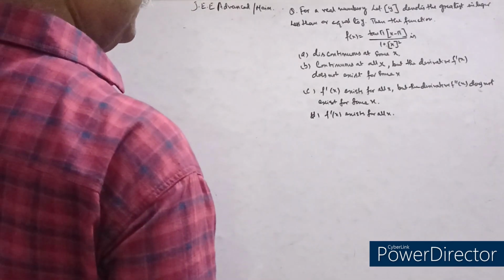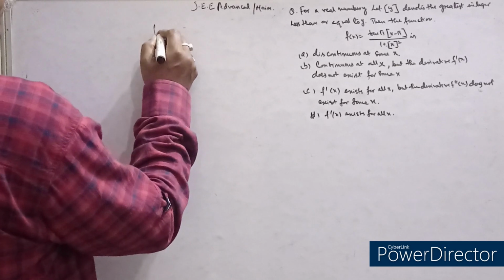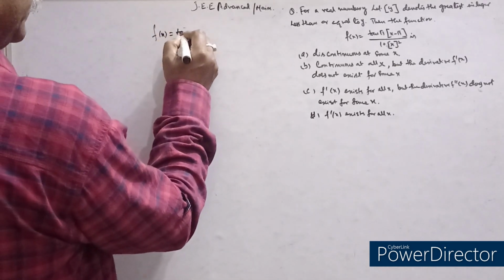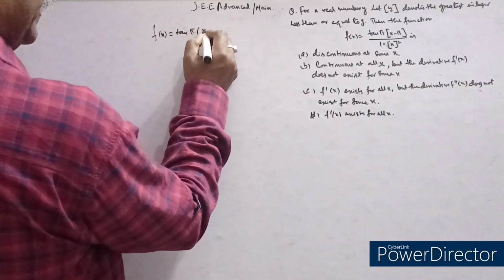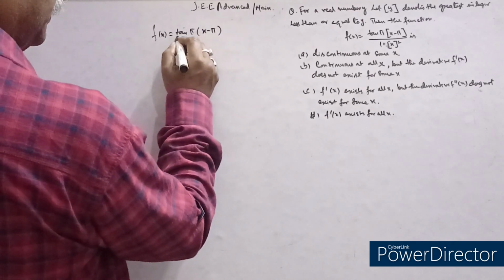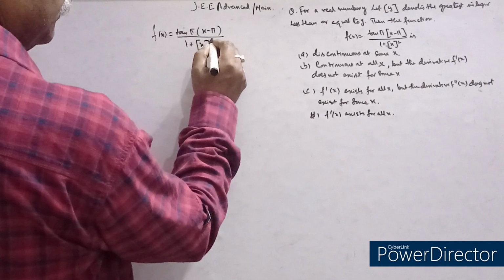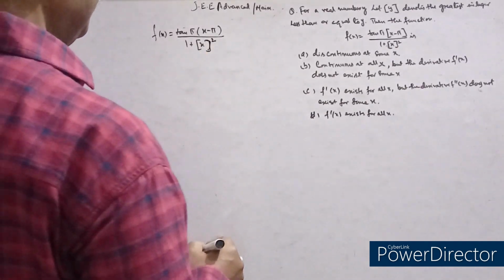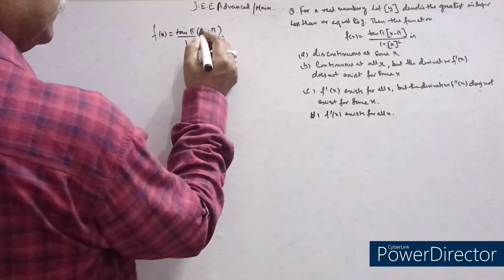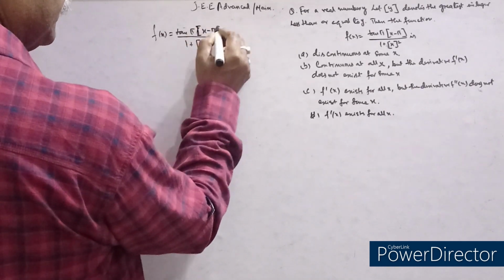So here your function f(x) is equal to tan(pi[x minus pi by 1 plus x square]). Sorry, this is a greatest integer function.